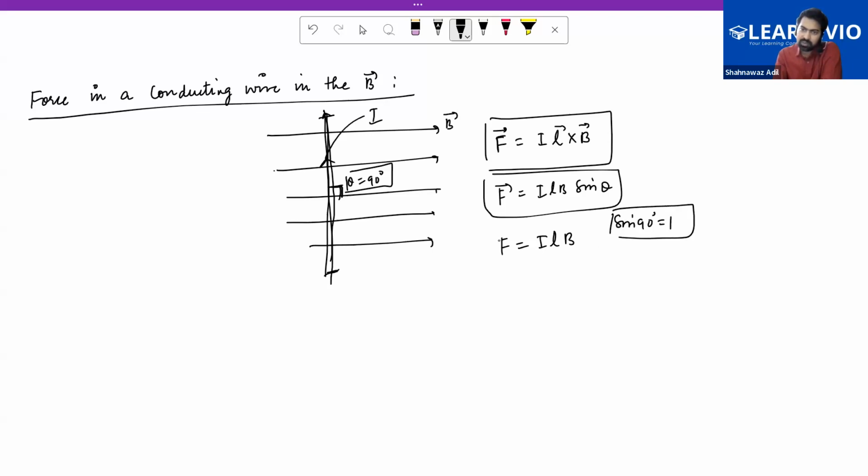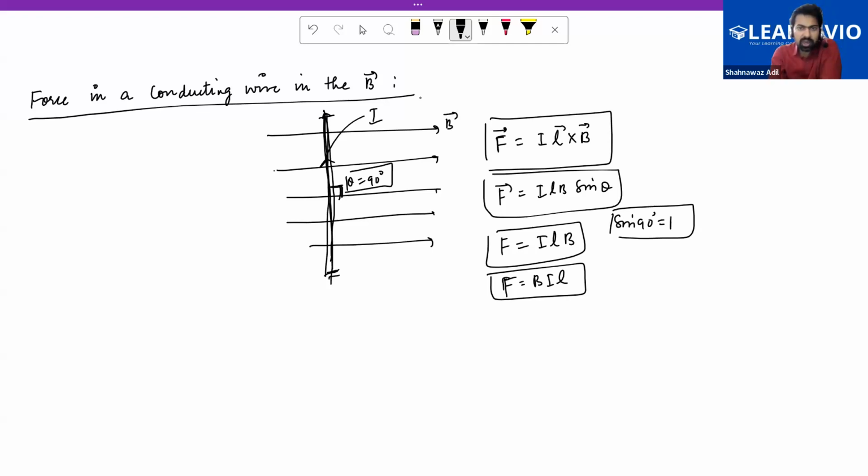This is the magnetic force experienced by the current carrying wire in this particular length.